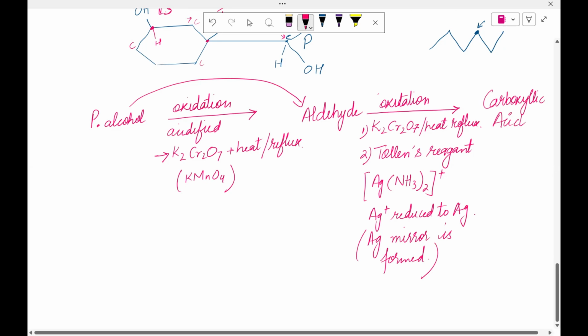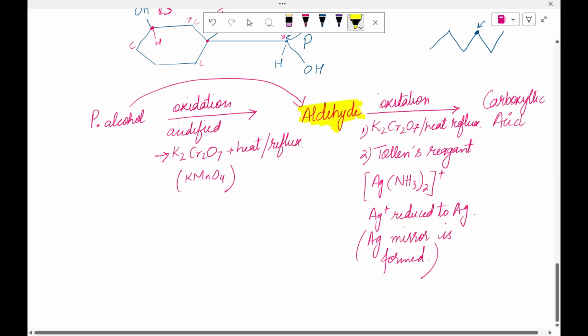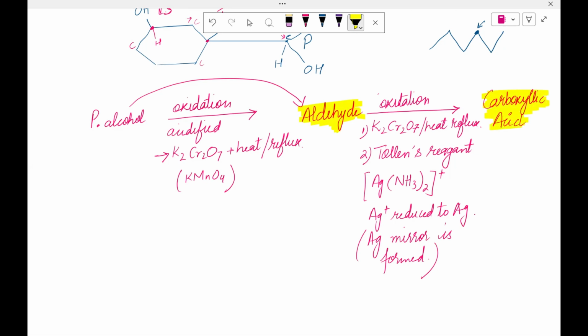So we have seen that primary alcohols, whenever they are oxidized, first are converted into aldehydes. And when aldehydes are oxidized, they form carboxylic acid. Is that clear? Okay, so I just want to explain one more condition.